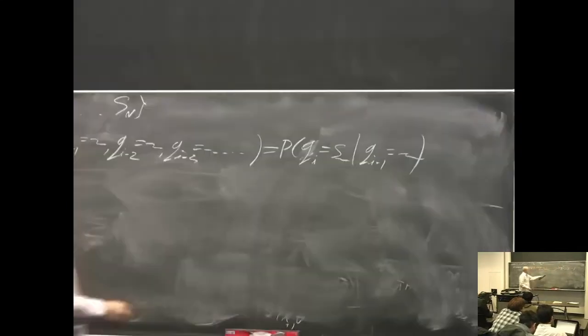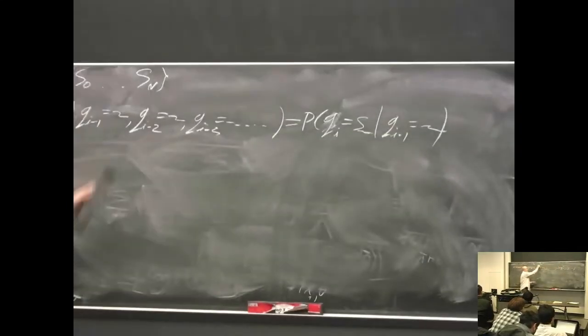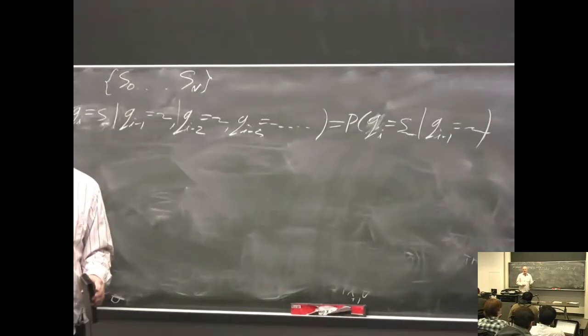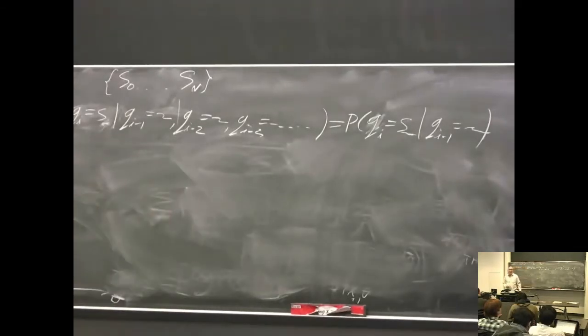In other words, whenever you see this long dependence, you can chop it off right here. It only depends on the previous state and nothing else. That's the definition of a first order Markov chain.